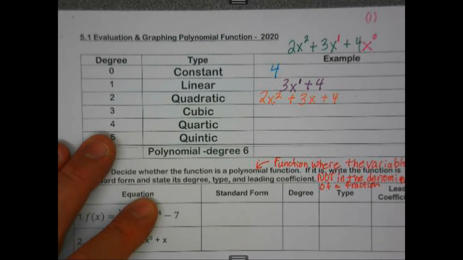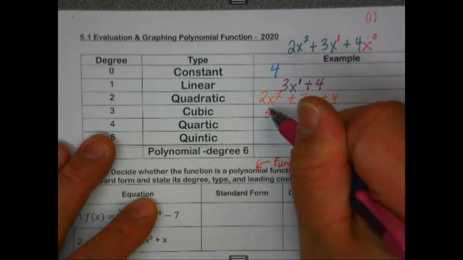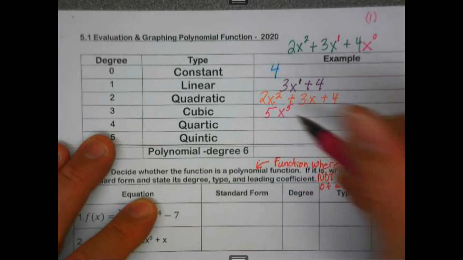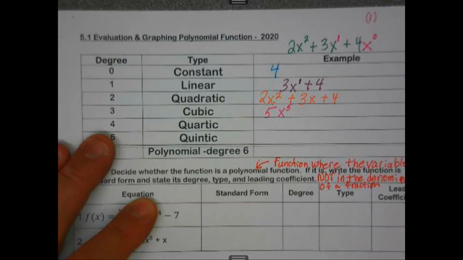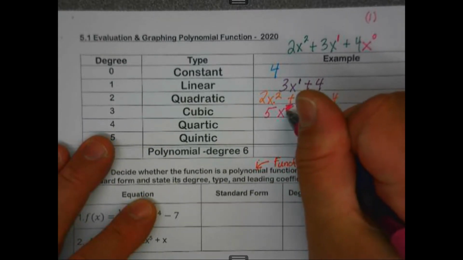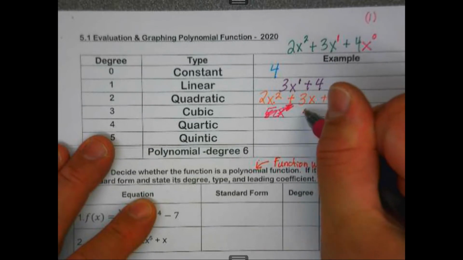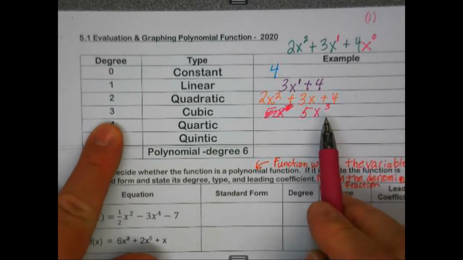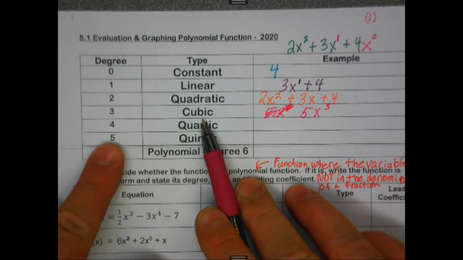Cubic. Well, that's when I have a 5 for the exponent of the x. I'm sorry, not a 5. A 3. Degree 3 is cubic.